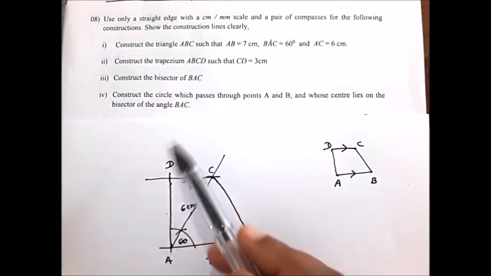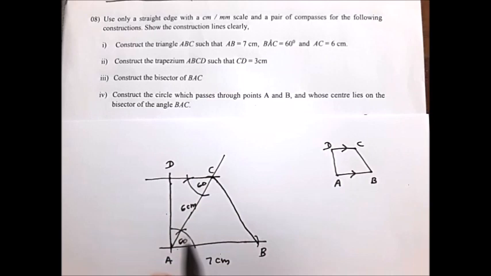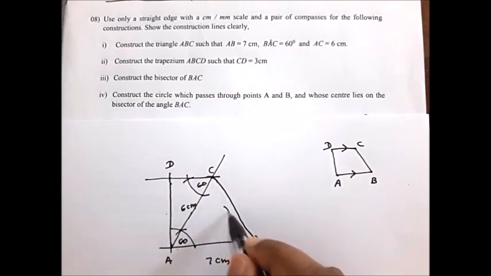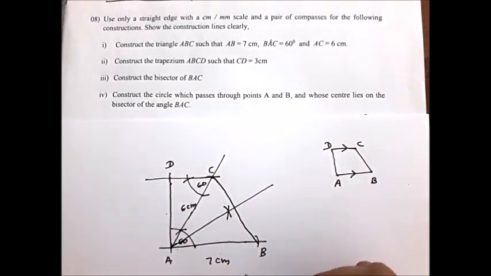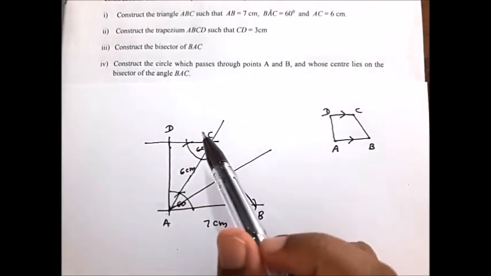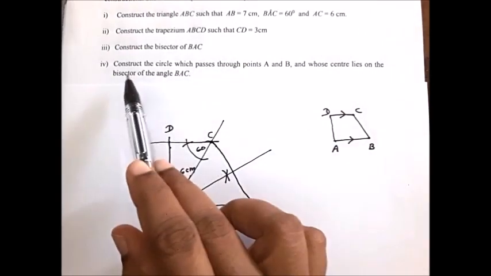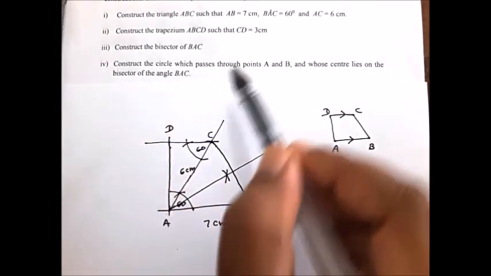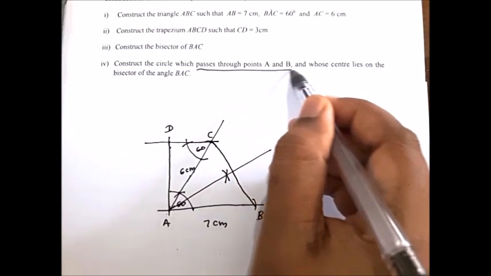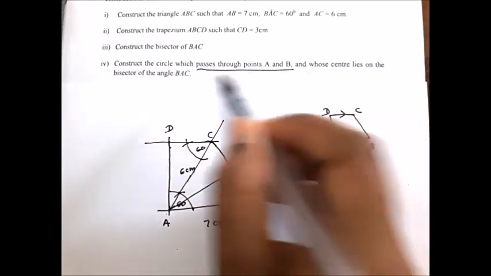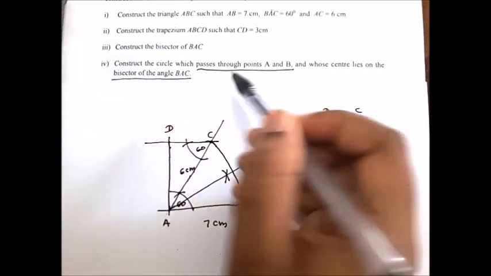Construct the bisector of BAC. Angle BAC. Take these 2 points as centers, draw 2 arcs, and this is the bisector of BAC. Now the 4th one, construct the circle that passes through points A and B and whose center lies on the bisector of the angle BAC.